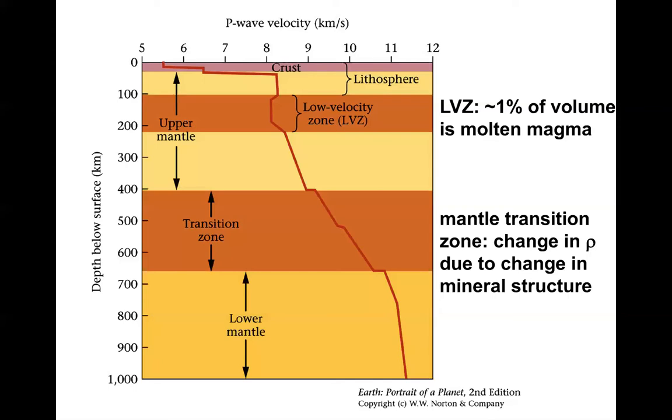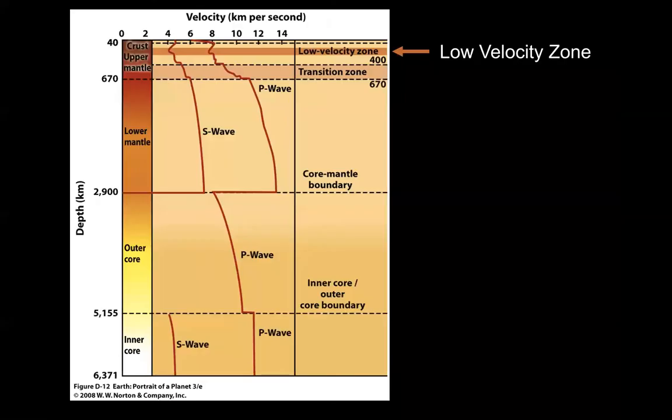Okay, so hopefully you've already anticipated me and thought to yourself, oh, now I understand why this low velocity zone cannot be totally molten. If the low velocity zone were totally molten, then we would not have any S waves traveling through it at all.